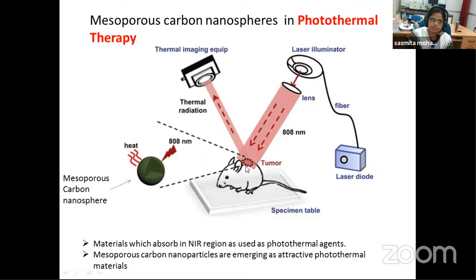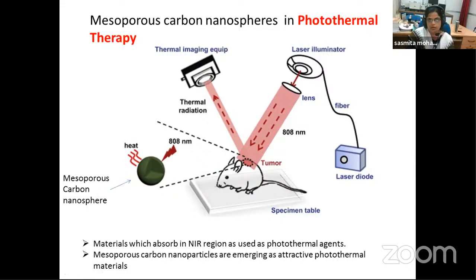You can see in this picture, if you inject this photothermal particle in a certain in vivo model and expose it to laser light, then the local temperature will be high, which will kill the cancer cell. Because beyond a certain temperature, cancer cells cannot survive.